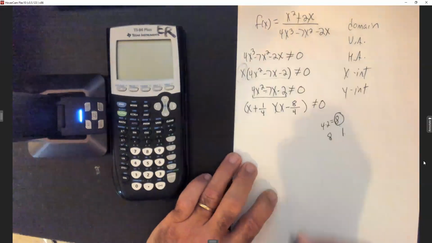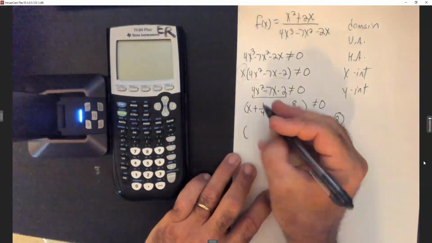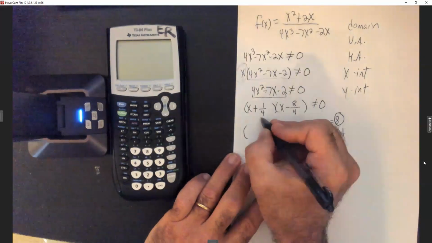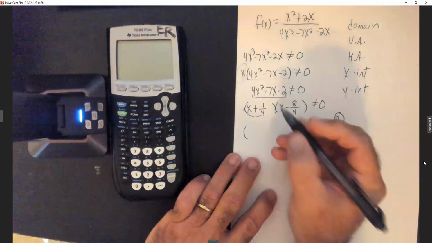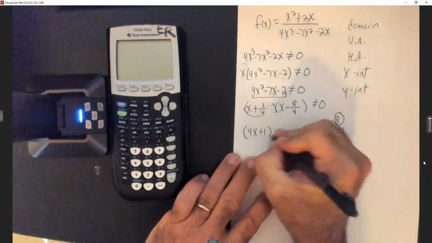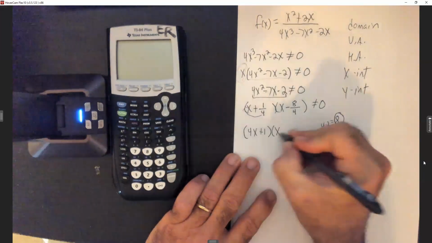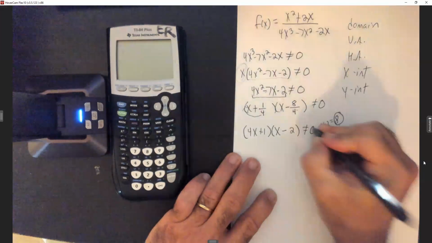So watch what happens. This one does not reduce, so what you got to do, if you were wanting to put this in factor form, is move the 4 in front of the x, so you get a 4x plus 1. This one, 8 will divide by 4 and make that a 2. So that would be factored now.